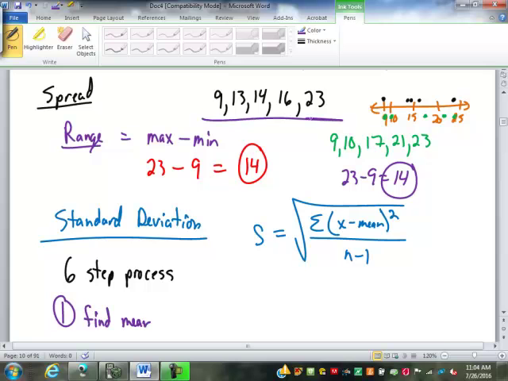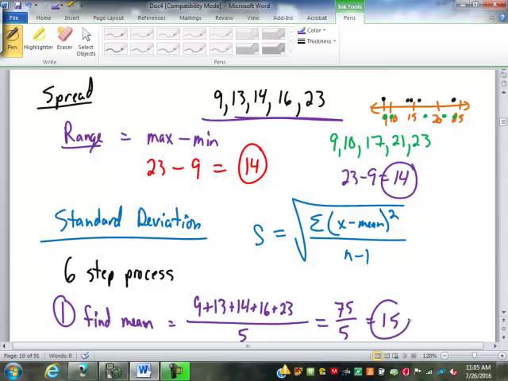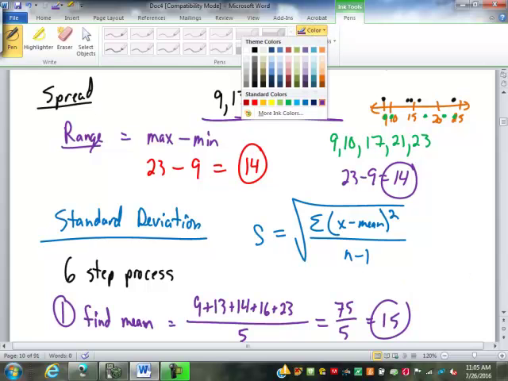So I'm going to start out with our first set of numbers here. So the mean, 9 plus 13 plus 14 plus 16 plus 23, divided by 5, because there's 5 numbers. What's that come out to be? 15, I believe, right? Is our mean? Yep. Okay.